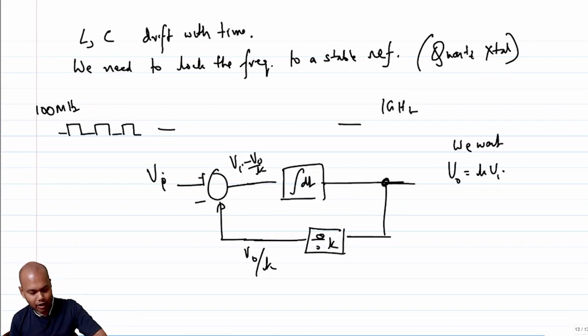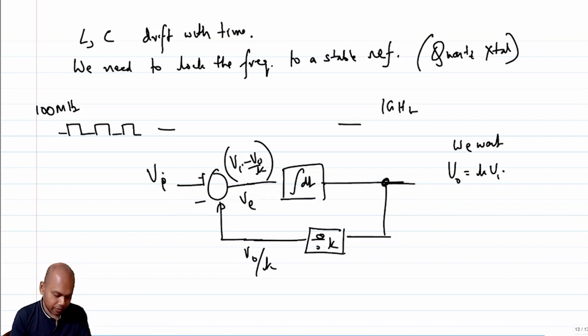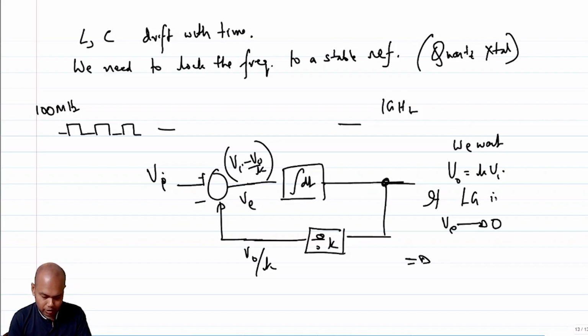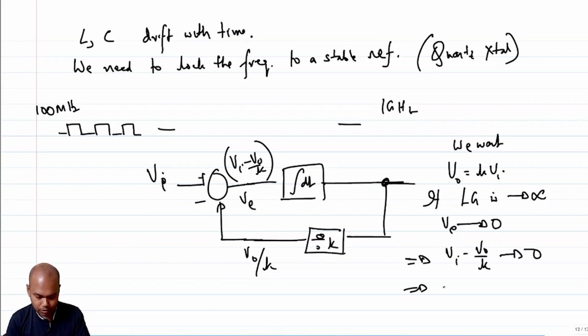So if, assuming this is a low frequency negative feedback loop, at the frequency of interest you have infinite or very large gain, then this V error, that is Vi minus V naught over K, will tend to 0, which means V naught tends to K times Vi. Correct? So this is the mantra with which negative feedback loops in the voltage domain work.